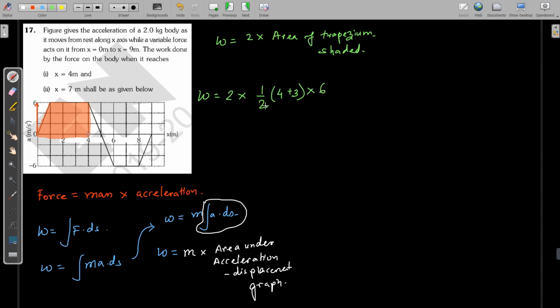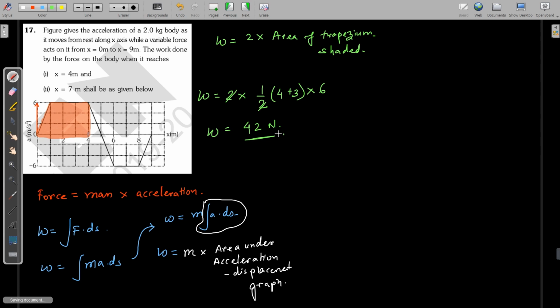So if I try to find out what we are getting, 6 sevens are 42 Newton. This is the work done. So this is the work done by the force on the body when it reaches 4 meter.